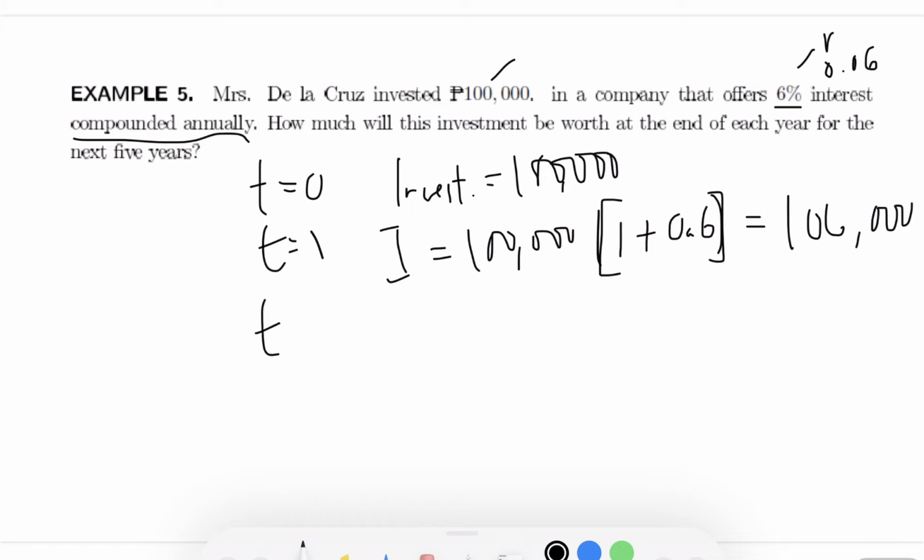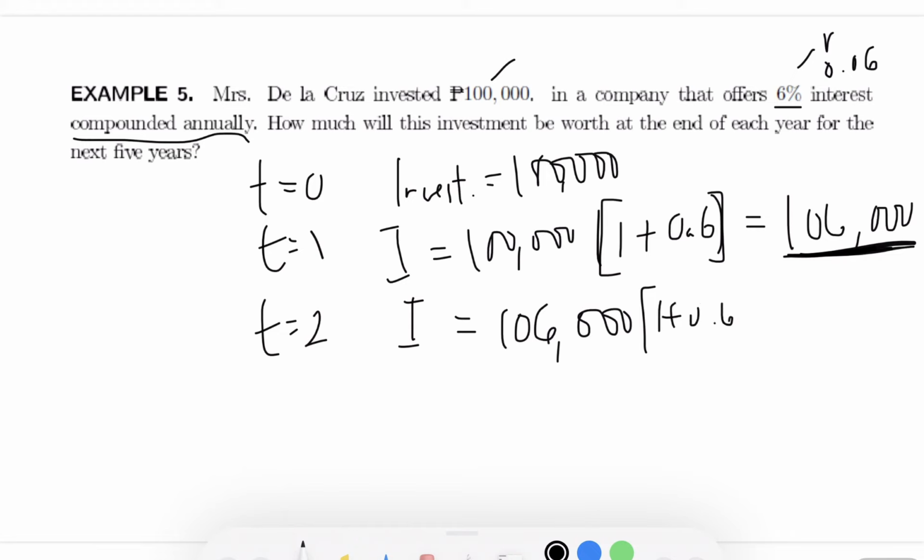At time 2 years, your previous investment will become your new money, so it is added. So we have 106,000. That will be your new principal. Again, you multiply that with 1 plus 0.06.